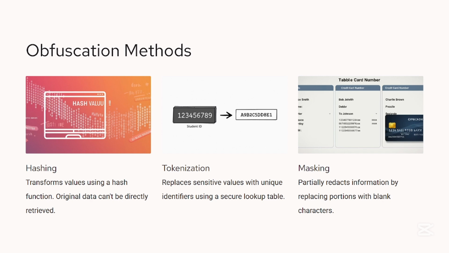Then we have tokenization. This refers to replacing sensitive values with unique identifiers using a secure lookup table. To explain this a bit, let's take an example where we have a student ID number, and we generate a random 10-digit code to represent our student ID number. But then we keep a table that can help us transform this randomly generated code back into the student numbers when needed.